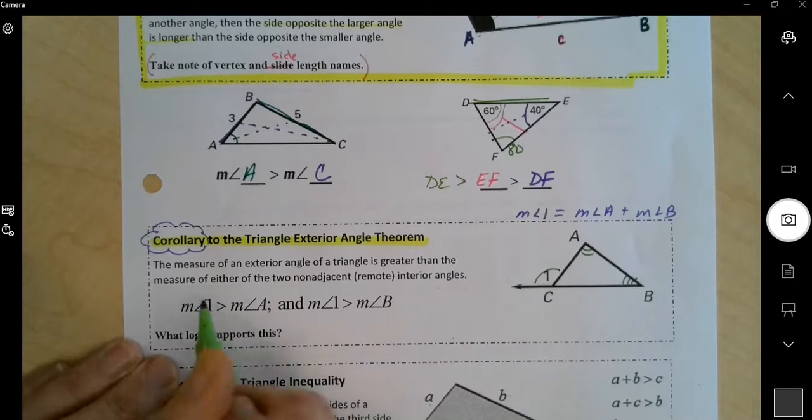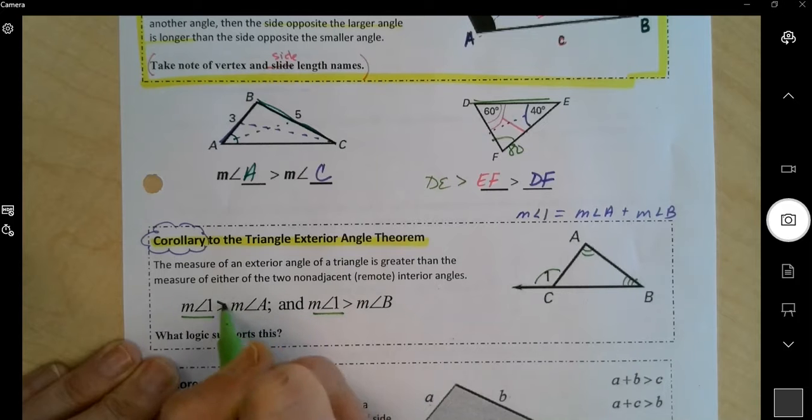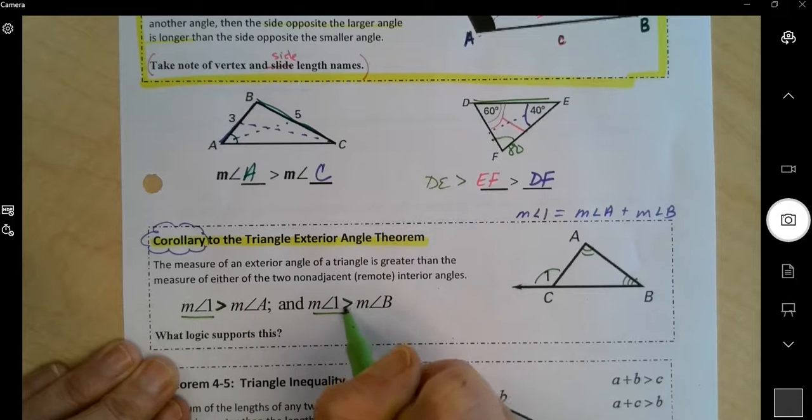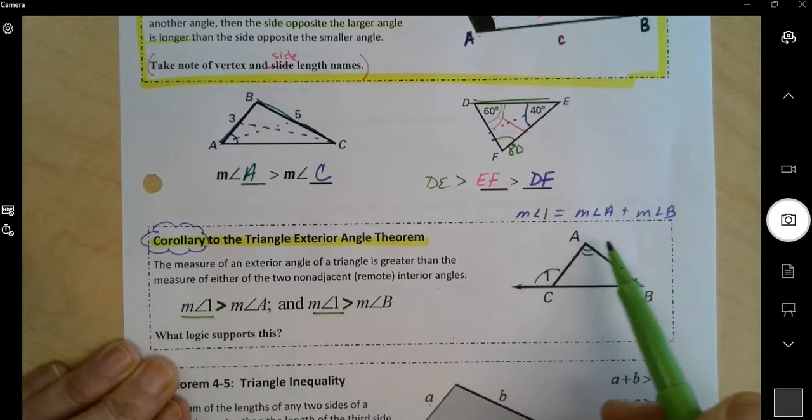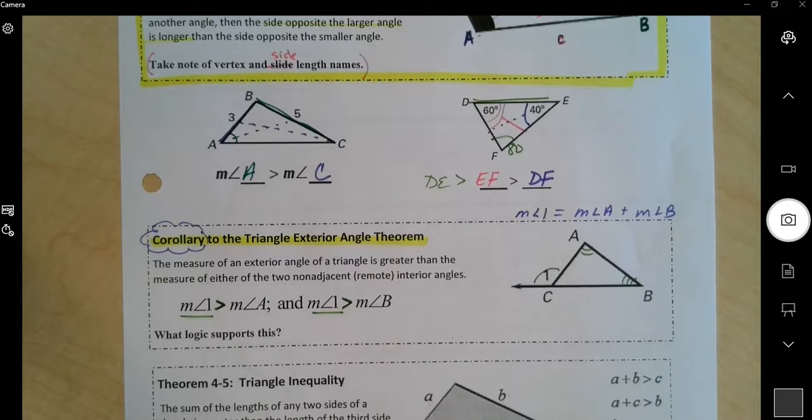Then that means that 1 has to be bigger than A and 1 has to be bigger than B. If 1 is equal to the sum of A and B, 1 has to be bigger than each one individually. That just makes sense. That's just logic. Because those angles can't have a measure of 0.